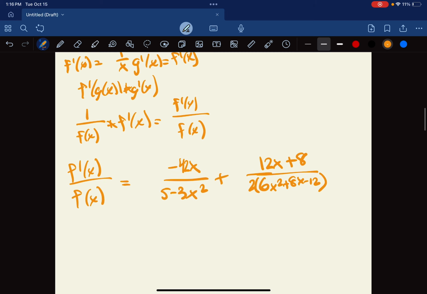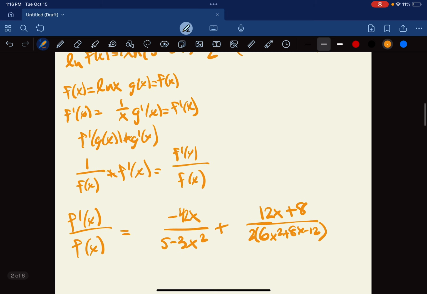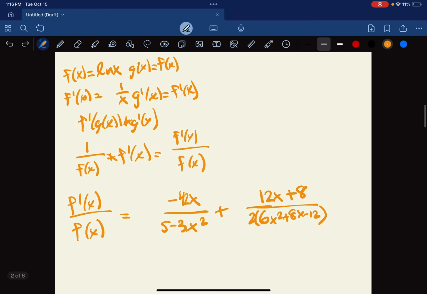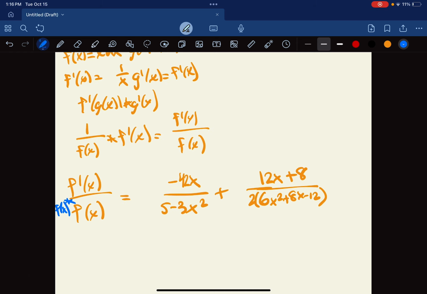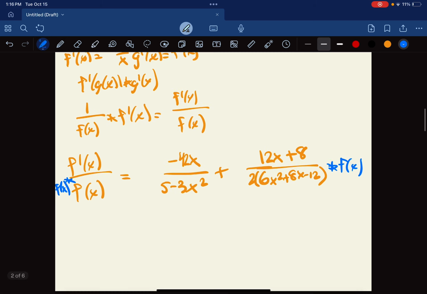And now the last thing we need to do is, similar to implicit differentiation where we were trying to isolate dy/dx, also known as f prime of x, we want to get it by itself so we can tell exactly what the derivative is. In pretty much all logarithmic differentiation problems, we need to multiply both sides by f of x, or y, because that will cancel out the f of x in the denominator.